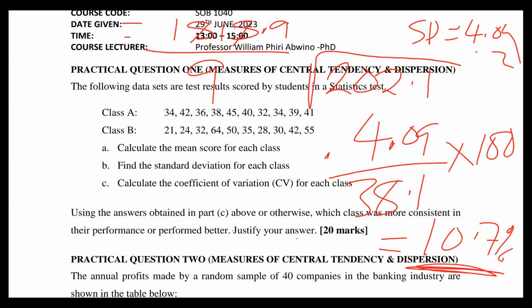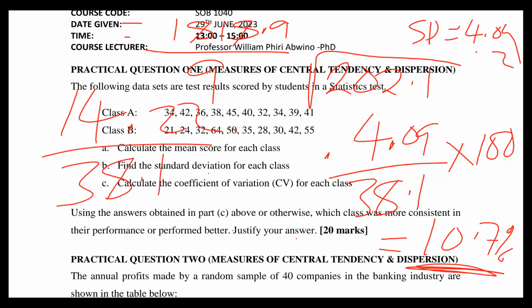Then we can do it for class B. For class B, what was the SD? 18.9 divided by 9 and the square root of the answer. Okay, 14.22 to be divided by 38.1, multiplied by 100.